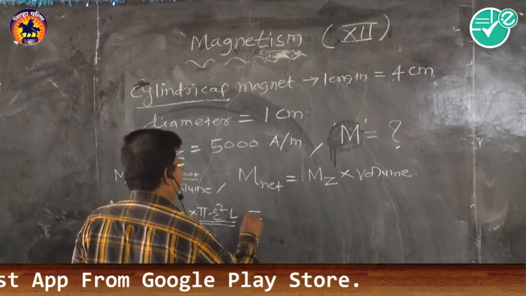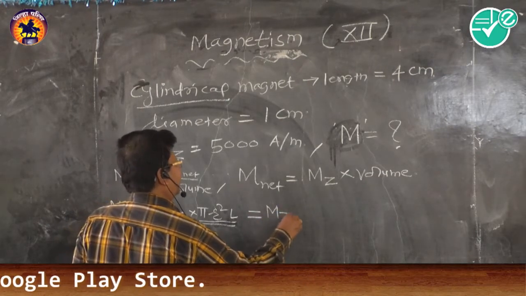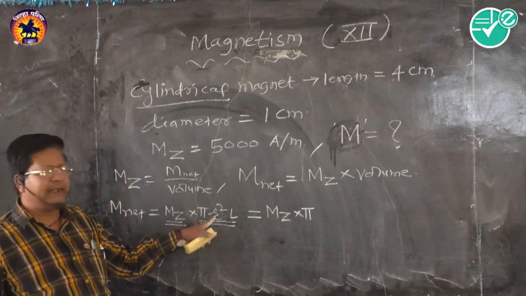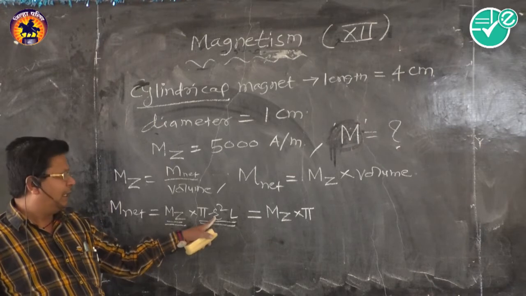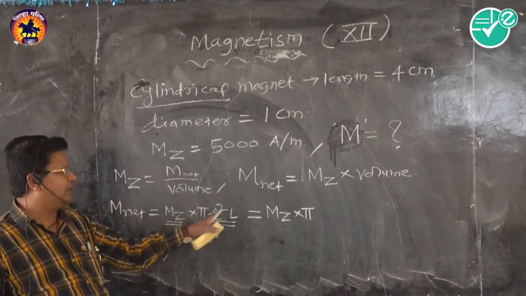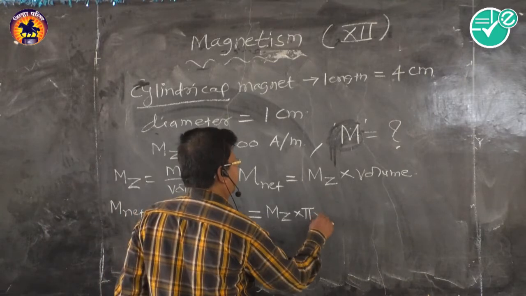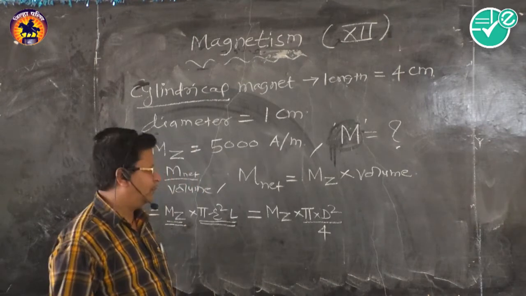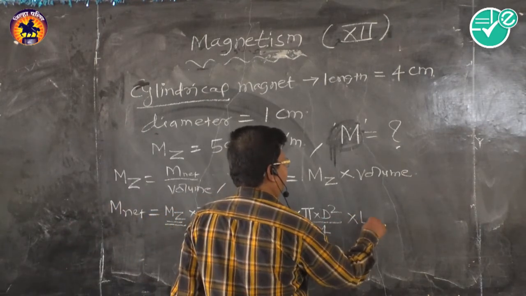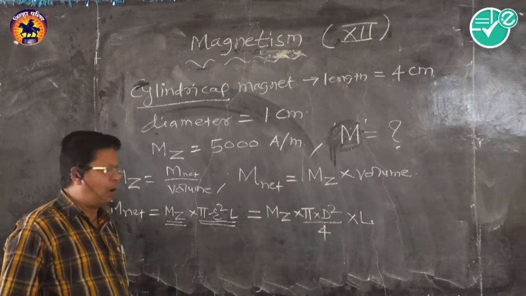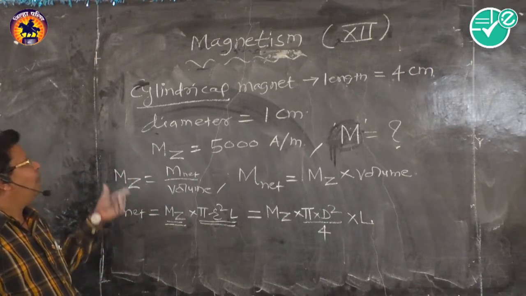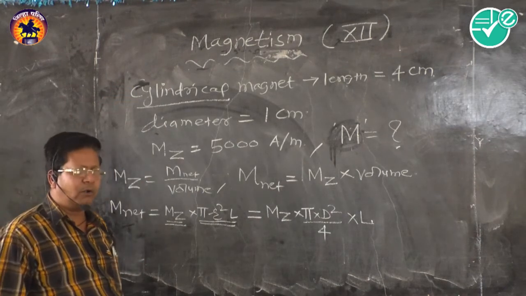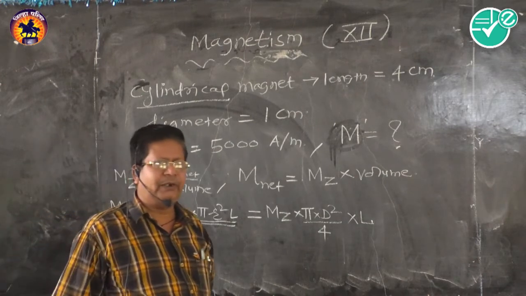Again this formula can be written as Mz multiplied by pi. As we know that radius is half of the diameter, then d by 2 and its square, that means here we write pi into d square divided by 4 and into length. So this is the formula for M net for a magnet which is in the form of a cylinder.